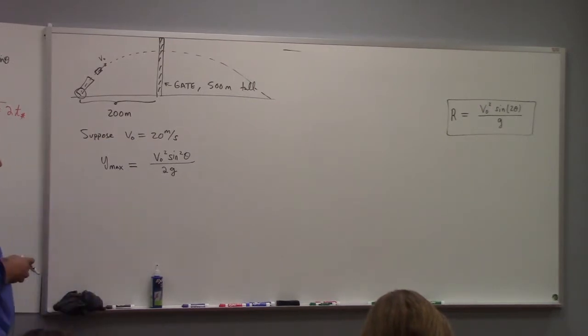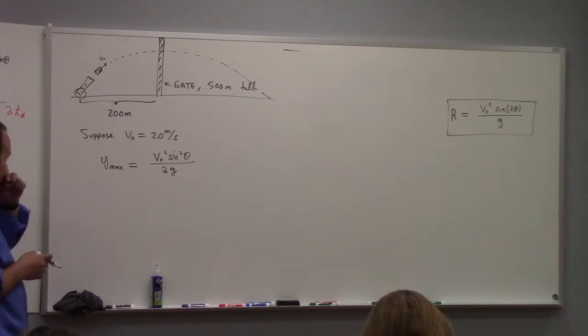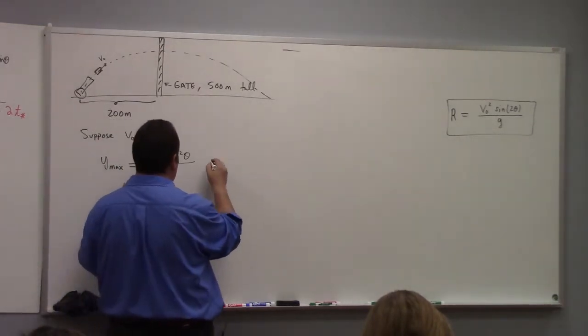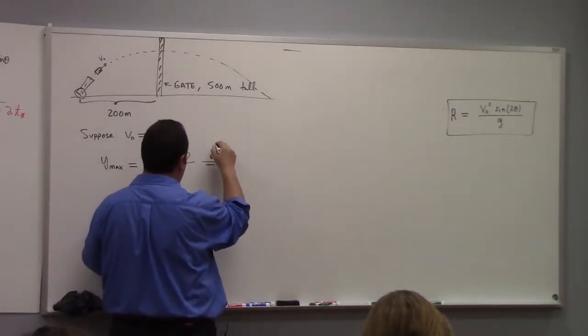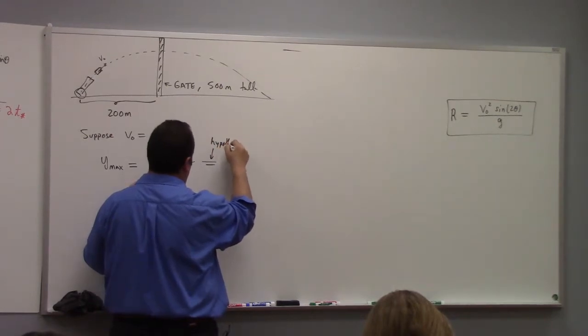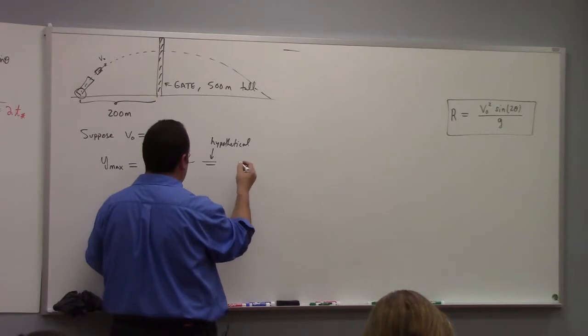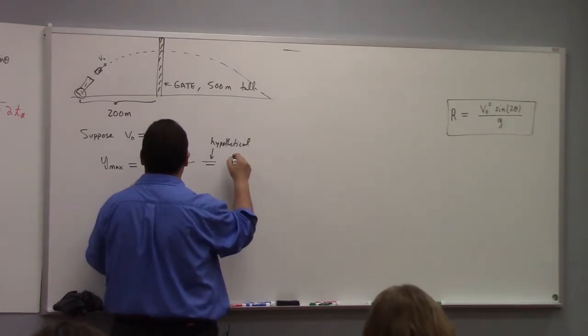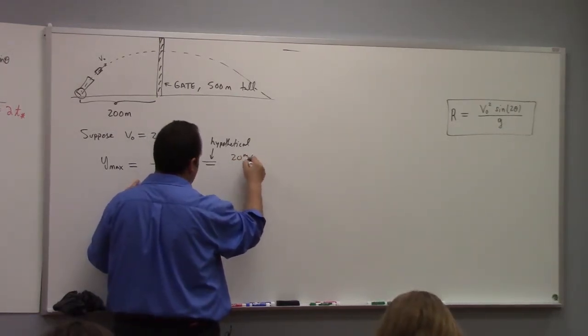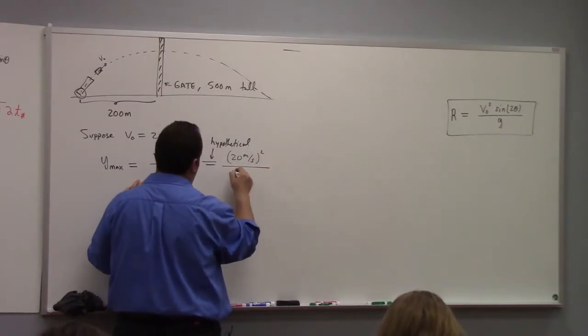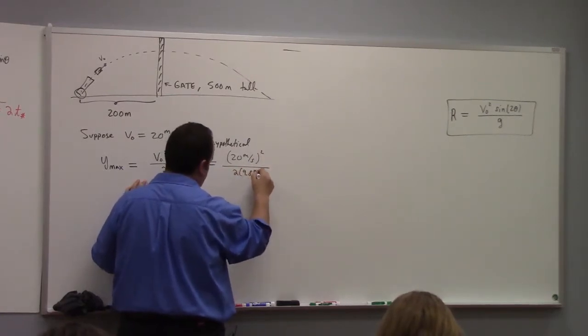Let's make theta be 90 degrees just for giggles and see what it does to us. This is hypothetical, because this is the absolute largest height we could possibly attain with this velocity. Which would be 20 meters per second squared, divided by 2 times 9.8 meters per second squared. So what's that height?